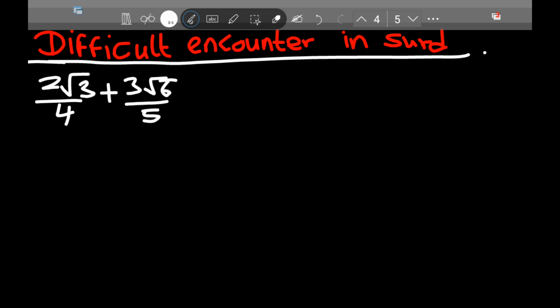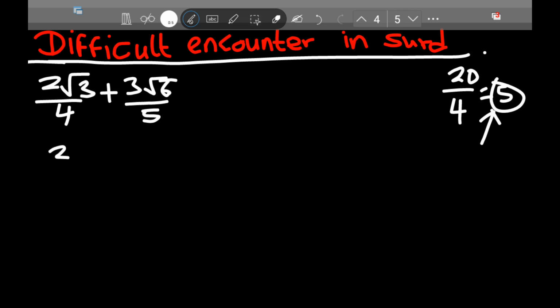So you want to get the common denominator of 4 and 5, which is what? It's 20. So I'm going to write it here. Now take your 20, which is the LCM of 4 and 5, and divide it by the first denominator of 4. So when you divide 20 by 4, you should get 5. So 20 divided by 4 is 5. This 5, take it and multiply it by the first fraction.